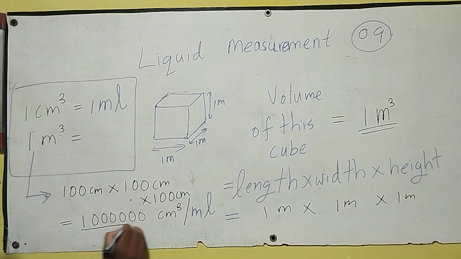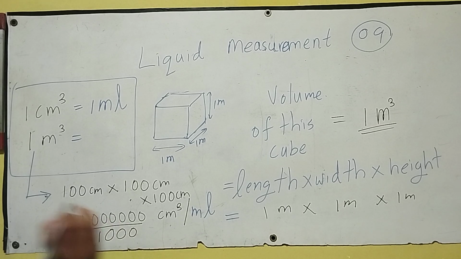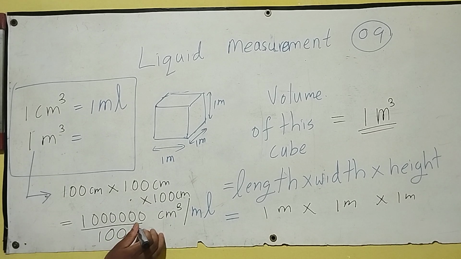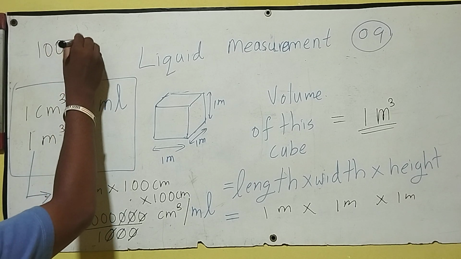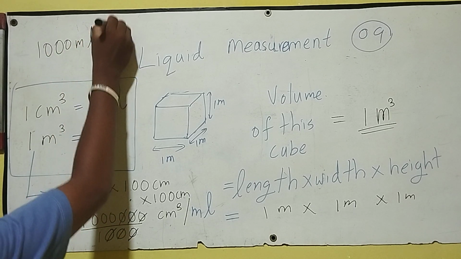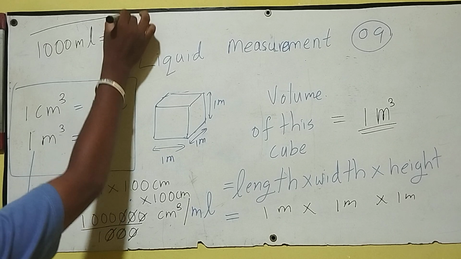To find the liter value, we can divide by 1000. Why? 1000 milliliter is equal to 1 liter.